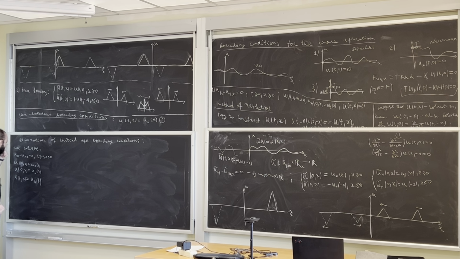So all this means that if you want to solve this general problem, and you already know how to solve the problem with initial conditions and zero boundary conditions, like these two problems, you only need to solve the problem with zero initial conditions and some nontrivial boundary condition.